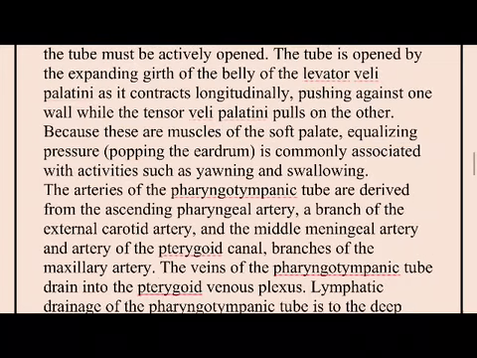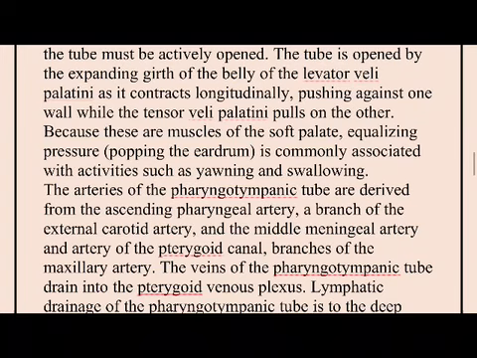So the tube is opened by expanding the belly of the levator veli palatini as it contracts longitudinally, pushing against one wall, while the tensor veli palatini pulls on the other.